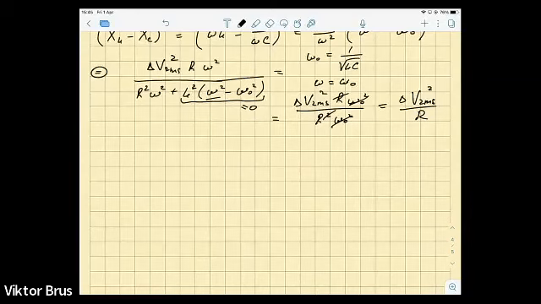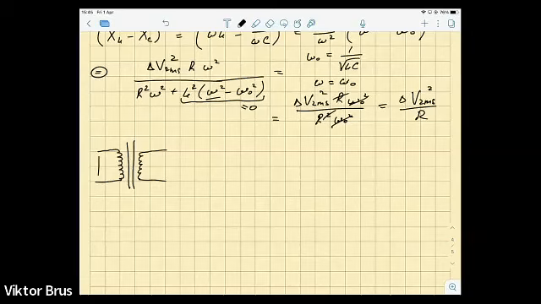So for that purpose, we introduce transformers into AC electric circuits. A transformer consists of two coils. So we have a primary coil, some ferromagnetic core, and a secondary coil.